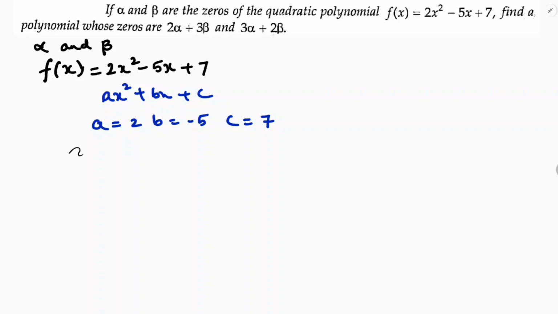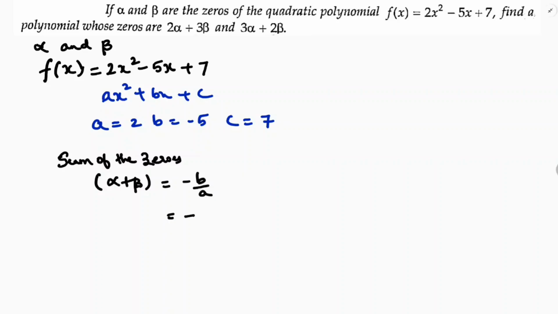Now I'll find the sum of the zeros, alpha plus beta. The formula is minus b by a. So minus of minus 5 by 2, which is 5 by 2.